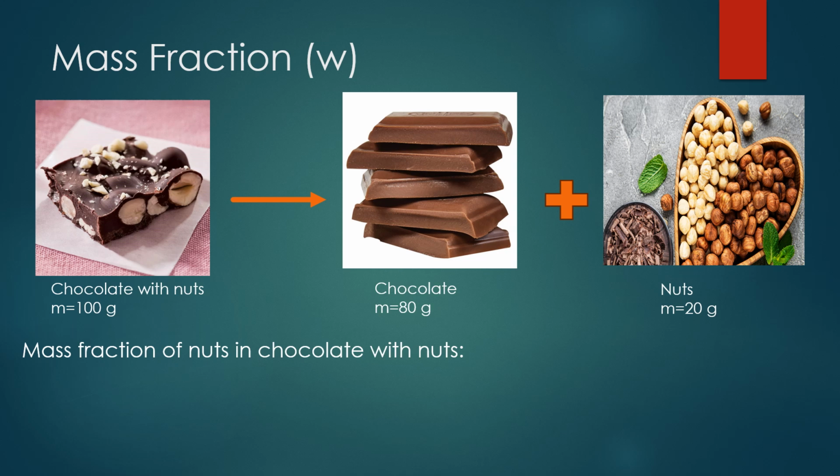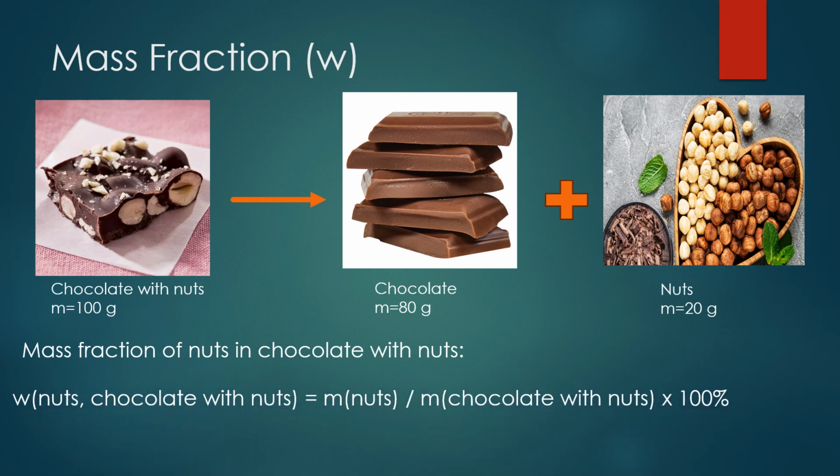How can we calculate that? Regarding mass fraction, we use a formula, meaning that for the substance that you want to find out, in our case nuts, you take the mass of that substance on the top, so you have the mass of nuts, and you divide it by the total mass of the whole mixture, in our case chocolate with nuts. And of course, because we're talking about mass fraction, you need to multiply by 100%.